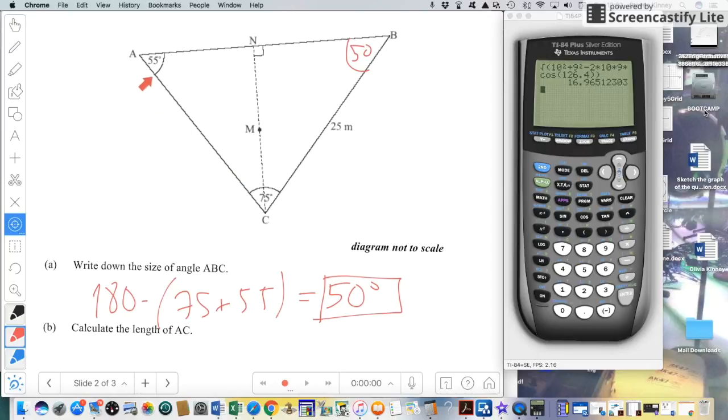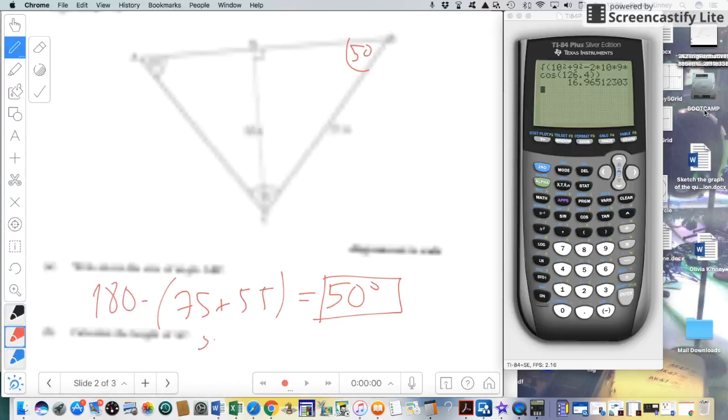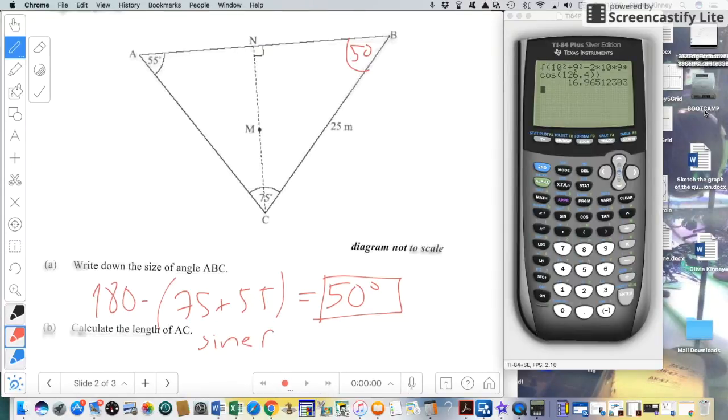AC is this side here. We know 25, which is opposite of 55. So we're going to use the sine rule to answer this question. So again, let's make that x.